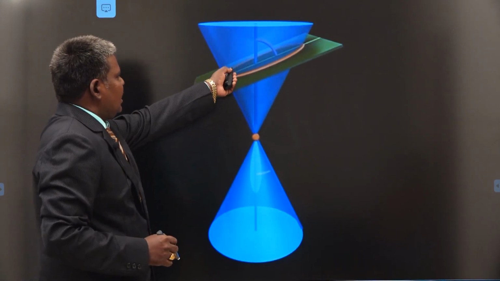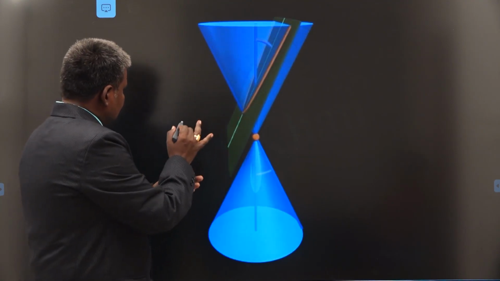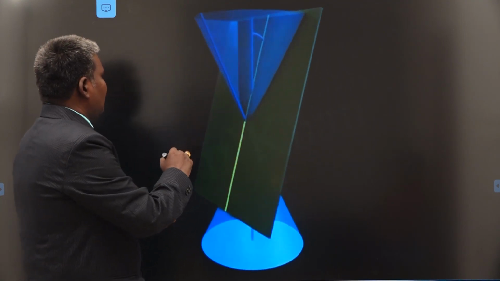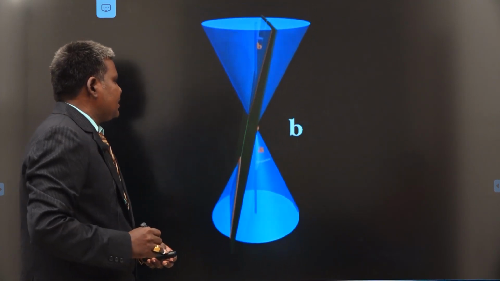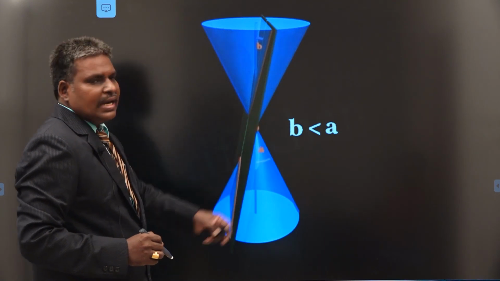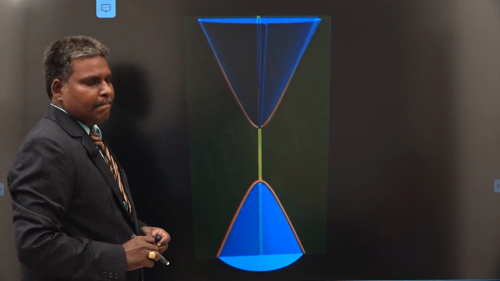From that parabola we obtain the hyperbola like this. Your angle A is greater than B, that means B is less than A. We obtain the conic hyperbola.